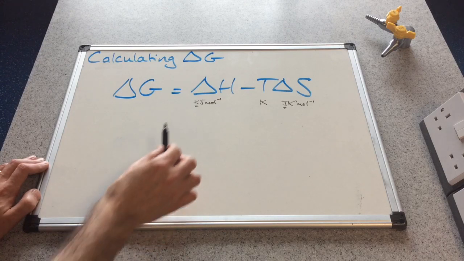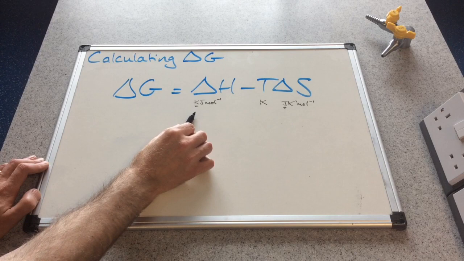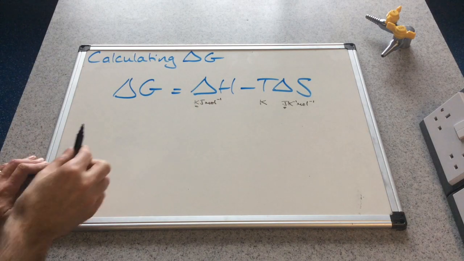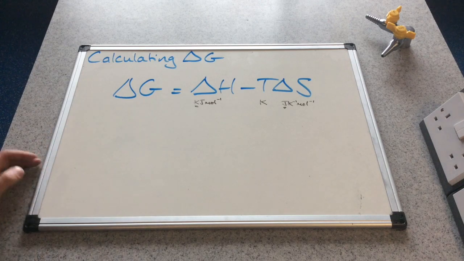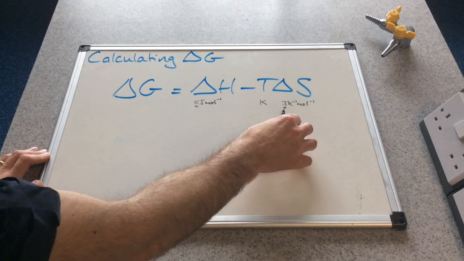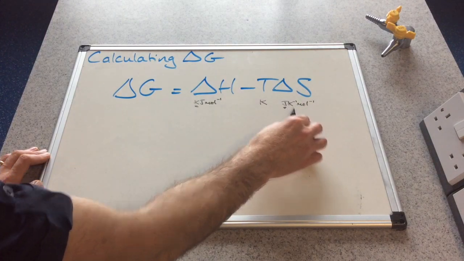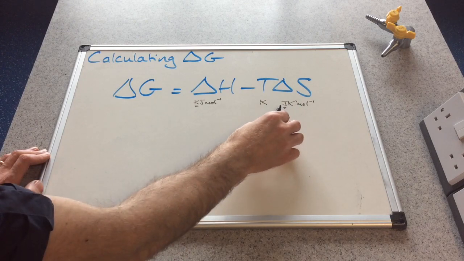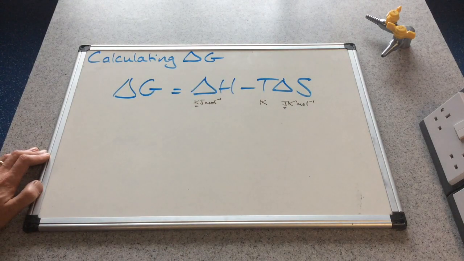I tend to put everything into kilojoules. You can work in joules if you want, but normally delta G is expressed in kilojoules per mole, so I turn everything into kilojoules per mole. You would need to divide your entropy value by 1,000 to get joules per Kelvin per mole into kilojoules per Kelvin per mole.